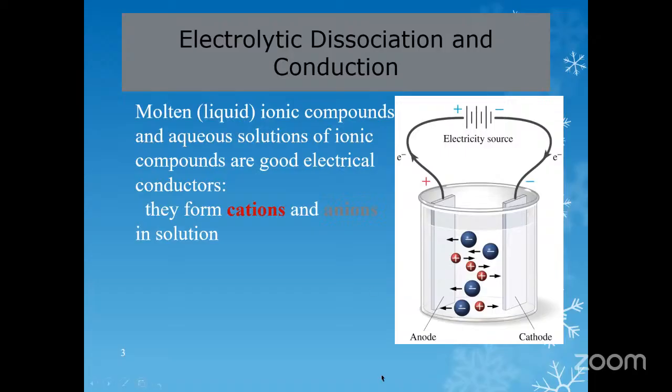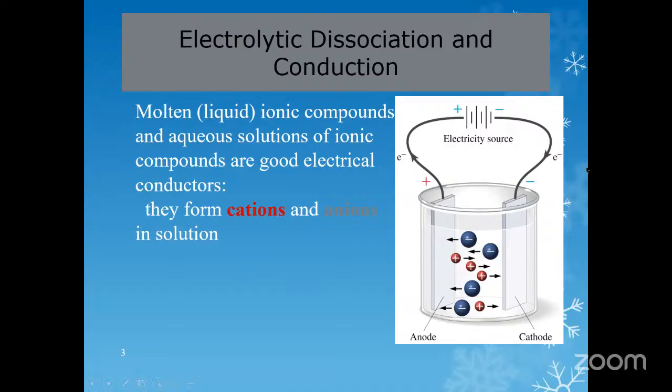Now, if you set up an experiment where you have 2 metal plates, which we call electrodes, connected to an electricity source by wires, and you leave it to run for a while, you'll find that the negative ions will be attracted to the positive electrode.